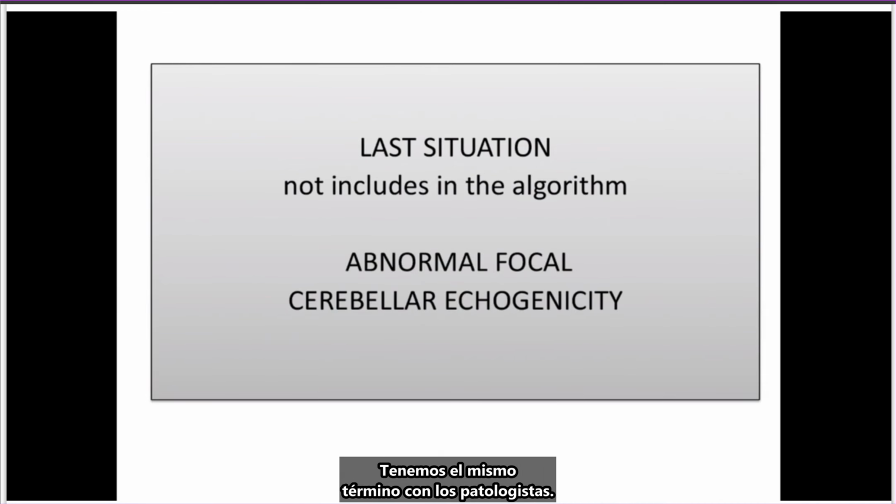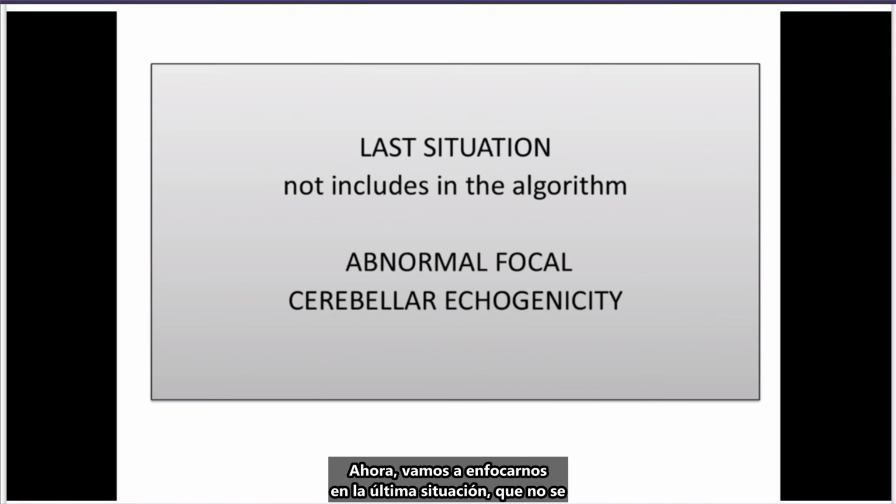We use the same terms with the pathologist, and you see that I don't speak about Dandy-Walker variants, and I think this terminology should be deleted from our vocabulary. So it's simple. It's maybe too simple, but it can be of help in practice.